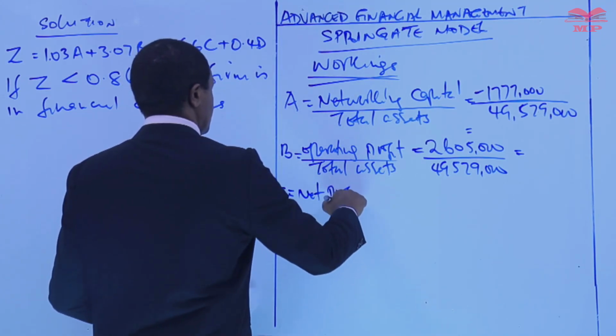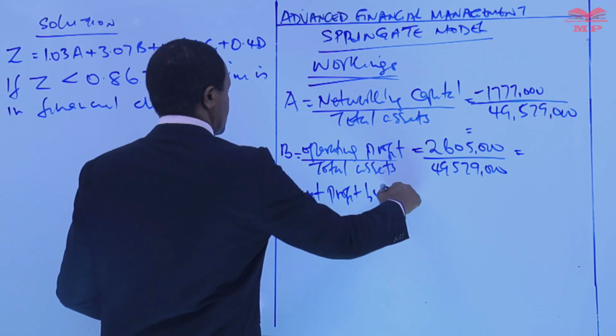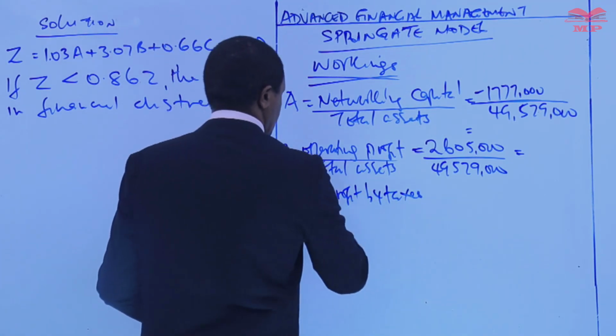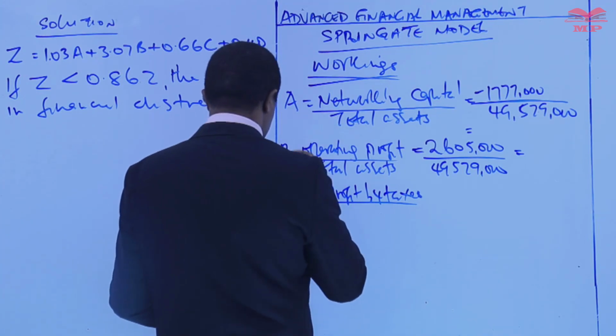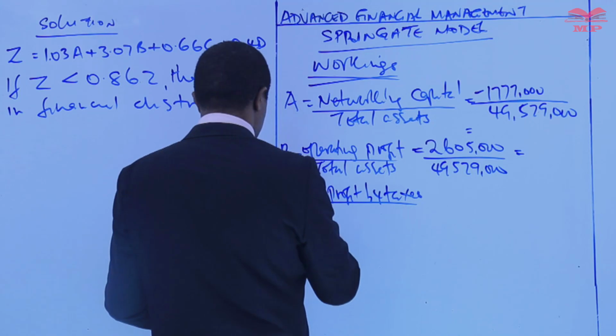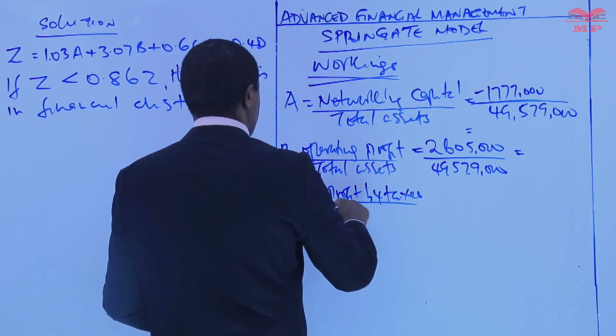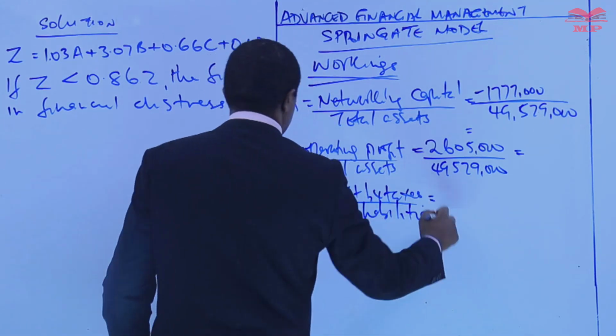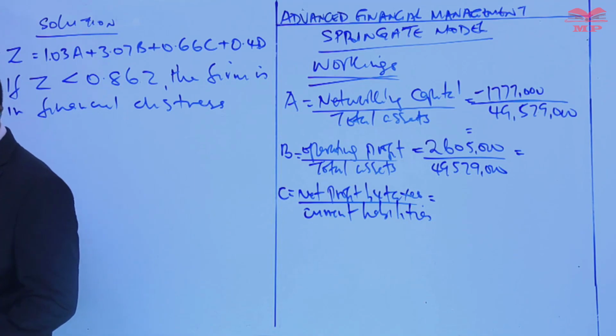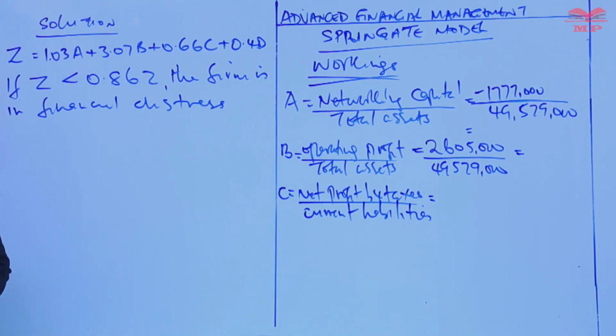Value for C is net profit before taxes. Net profit before taxes, this we divide by current liabilities. So do you have net profit before taxes?